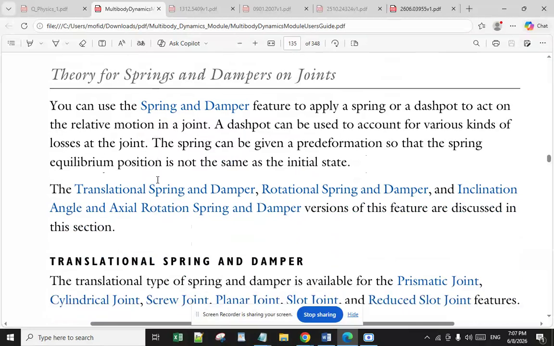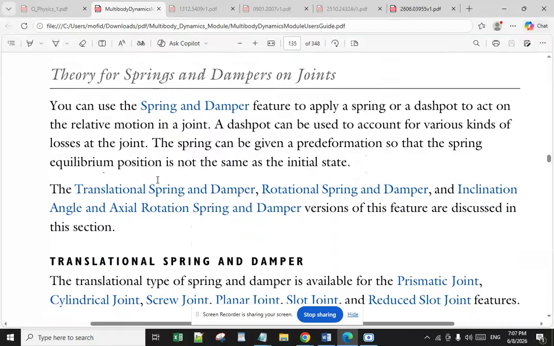Theory for springs and dampers on joints. You can use the spring and damper feature to apply a spring or damper to act on relative forces in a joint. A damper can be used to account for various kinds of losses at the joint.